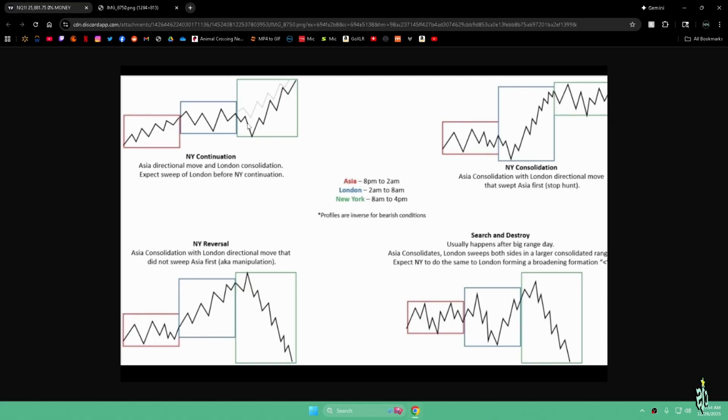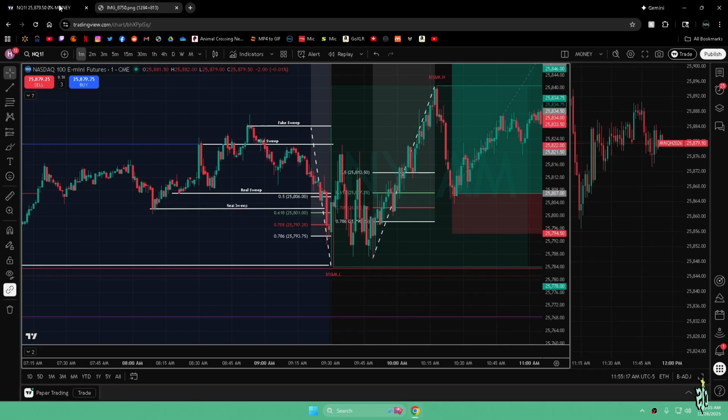So what does it do? It takes out London lows and highs, and then technically, well, this isn't perfect, but it takes out New York or Asia lows as well, right? So it's a spin-off of a reversal and a continuation, right? So after it takes out both, then it starts continuing.